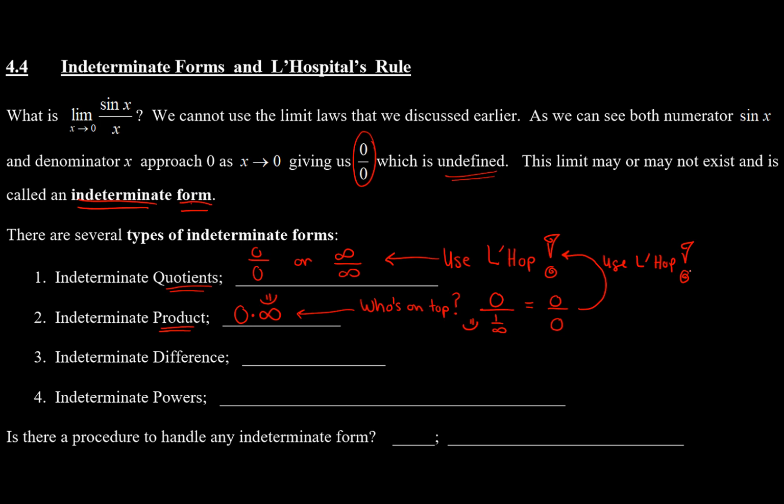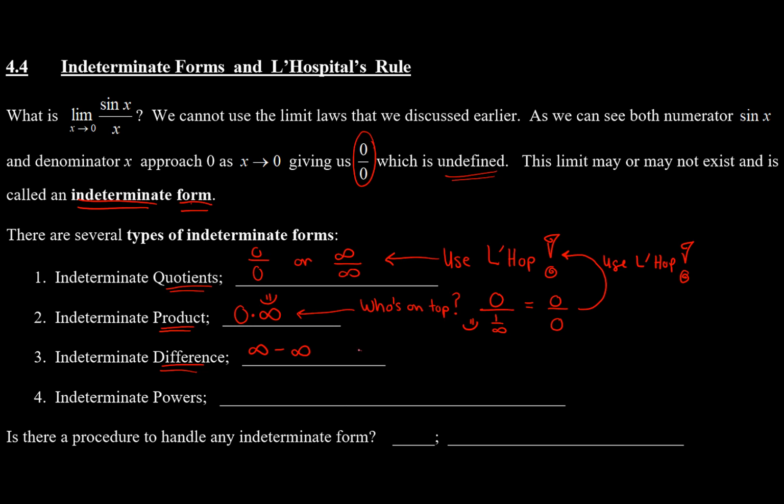The next one we're looking at is the indeterminate difference. So the difference is infinity minus infinity. If I'm going to subtract infinities, I don't know who's bigger, really, and by how much bigger it is.